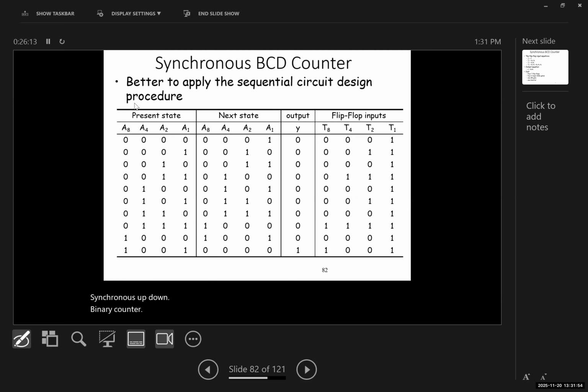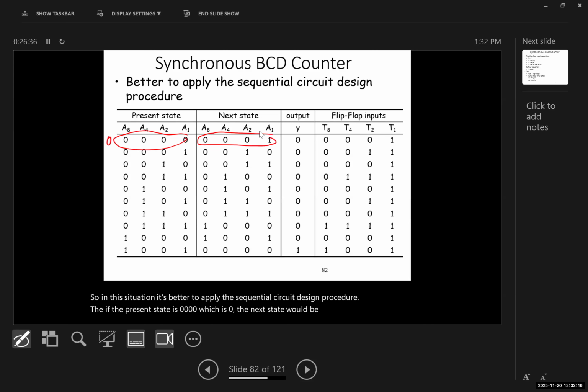Now, that one was a binary counter. We can also create one for a BCD synchronous counter as well. So in this situation, it's better to apply the sequential circuit design procedure. If the present state is 0, 0, 0, 0, which is 0, the next state would be 0, 0, 0, 1, which is 1.